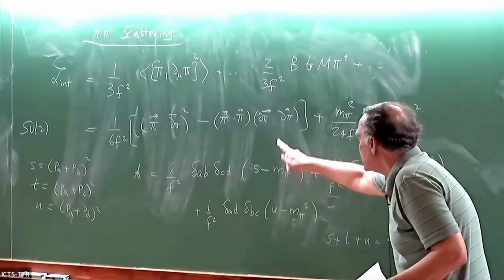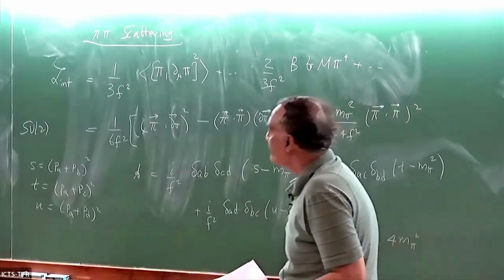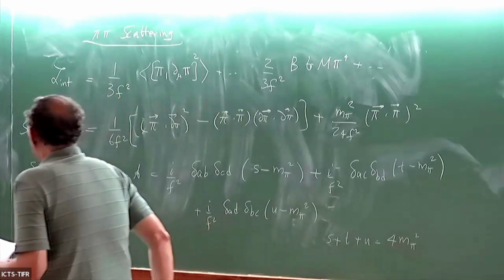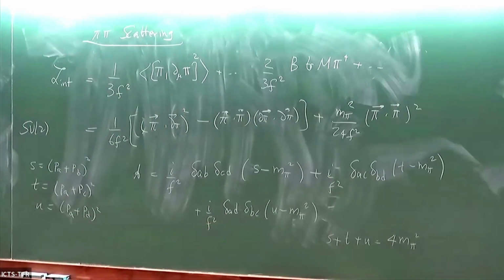Oh, and so you can see from here that because physical particles have p squared equals m pi squared, which is proportional to the quark mass, in answer to your question, the power counting which is applied in chiral perturbation theory is to say that the quark mass matrix counts as order p squared.